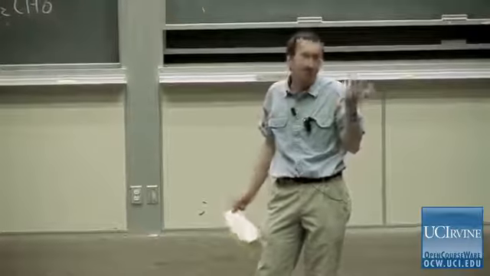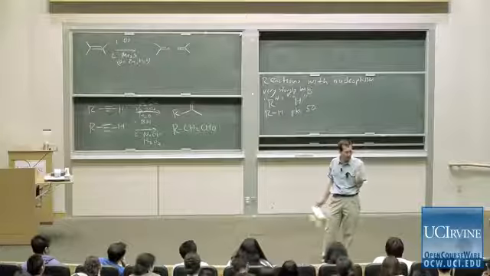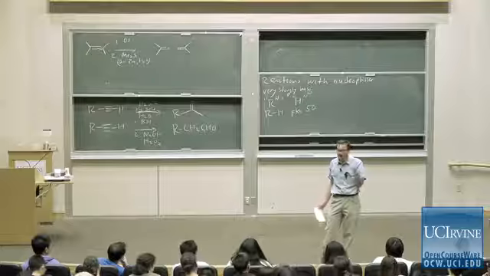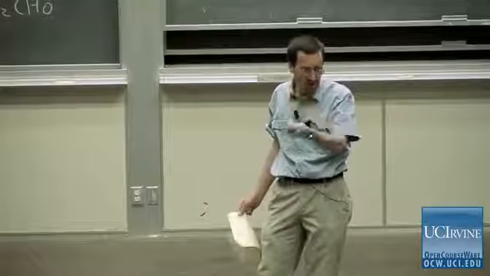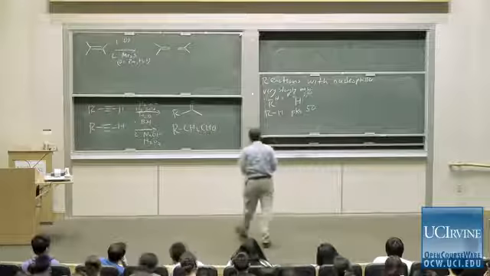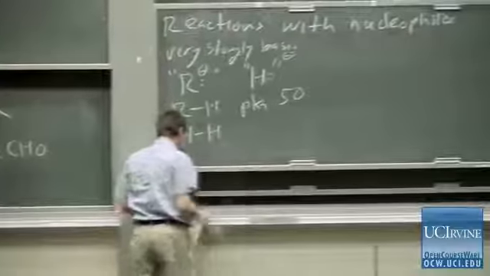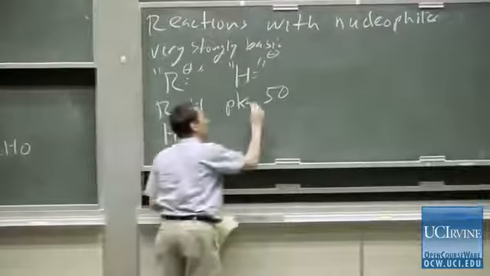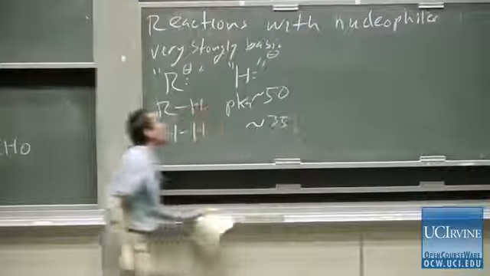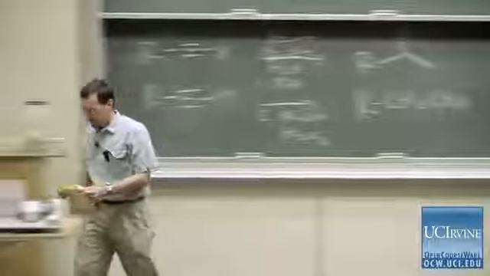Well, it wouldn't dissolve, but if I could dissolve it, it wouldn't affect the acidity. But I would need a very, very, very strong base to pull off that proton. Ditto, the conjugate acid of hydride is hydrogen. The pKa of molecular hydrogen is approximately 35.